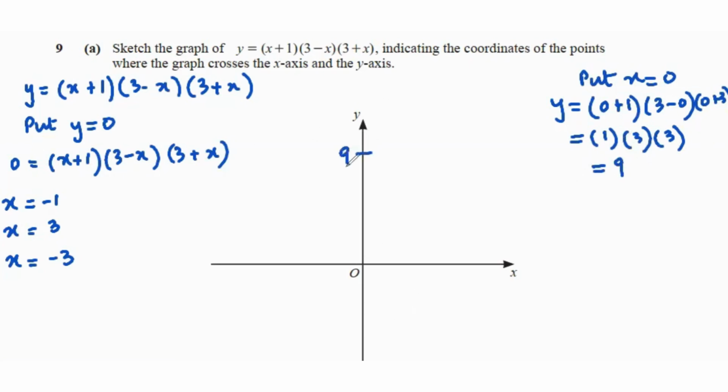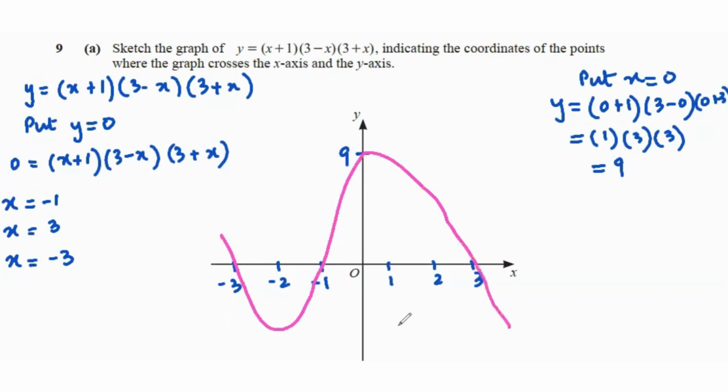So let's say 9 is over here, -1 is here, -2, -3, +1, +2, +3. Now if we sketch this, like this.